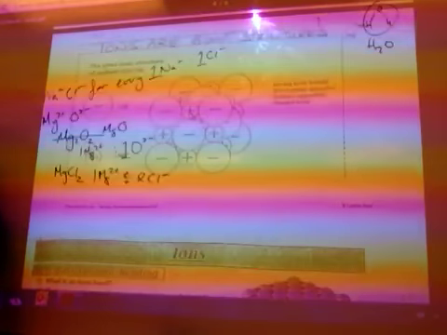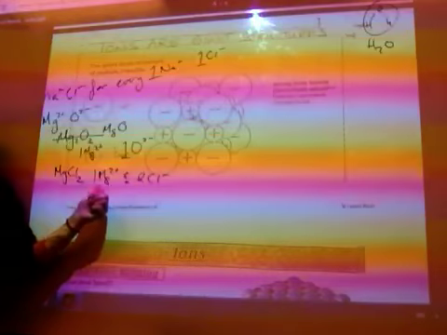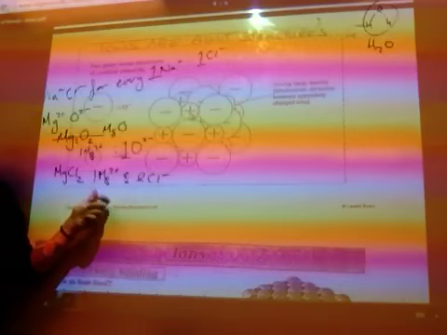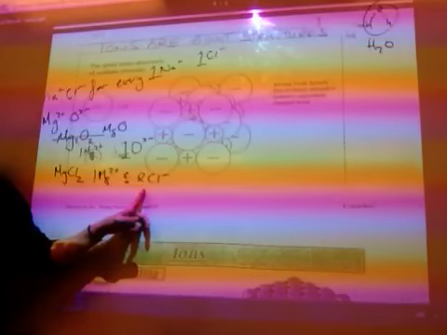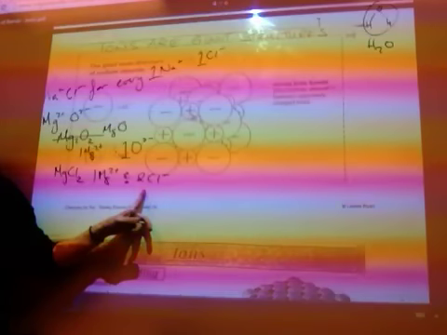Okay, so in my structure of 1 grain of salt, I probably have 100,000 magnesium 2 pluses. It'll be a lot more than that. Then I would have 200,000 chlorides. Okay? The reason is this.